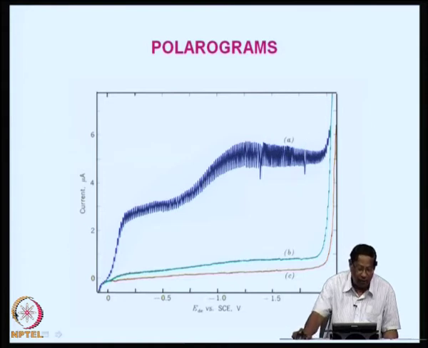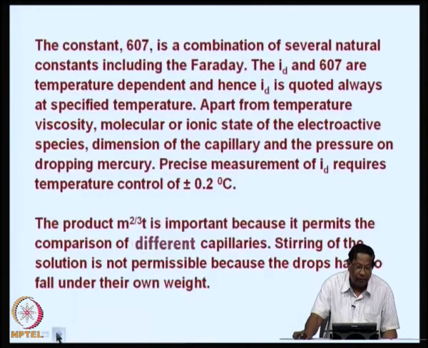So, there are 3 species getting reduced. What we have plotted is current versus the potential measured against the standard saturated calomel electrode.